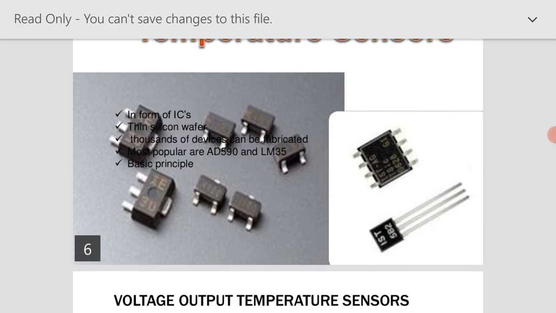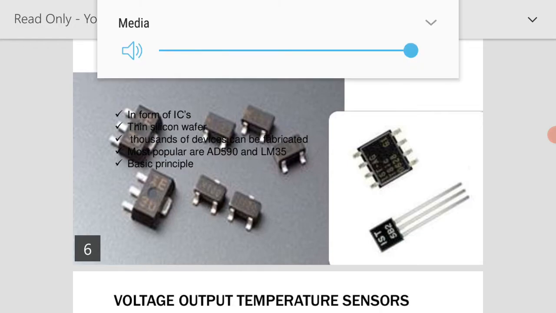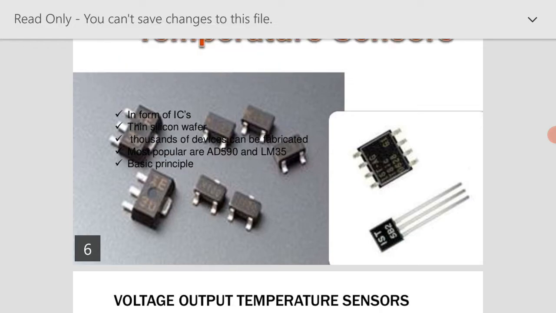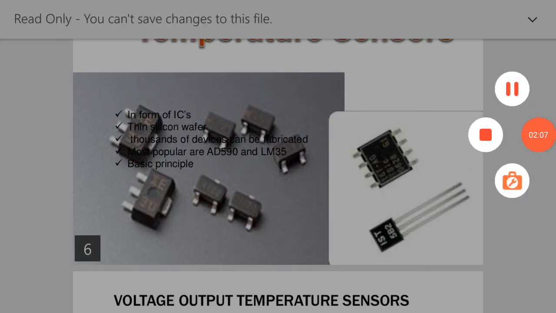The basic principle of a temperature sensor or semiconductor sensors is that these semiconductor sensors are relatively inexpensive to manufacture due to their simplicity and scalability.